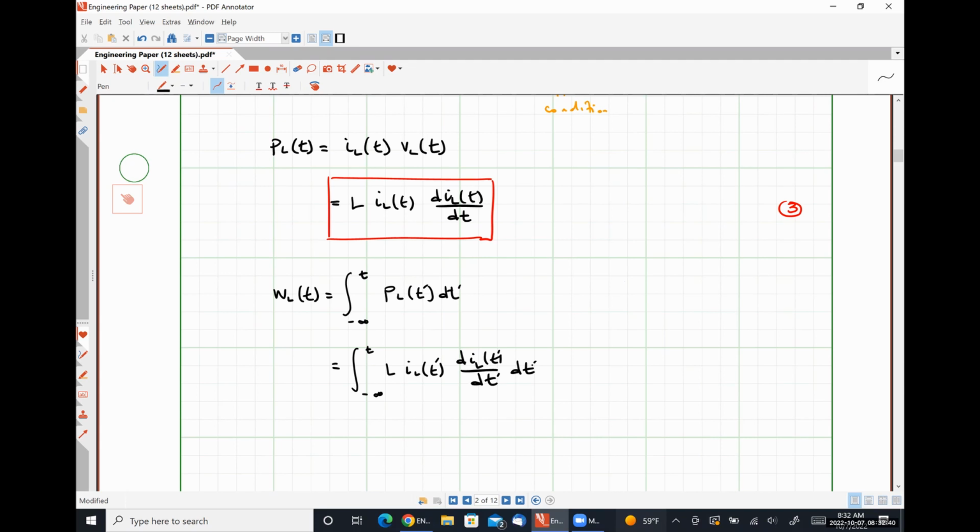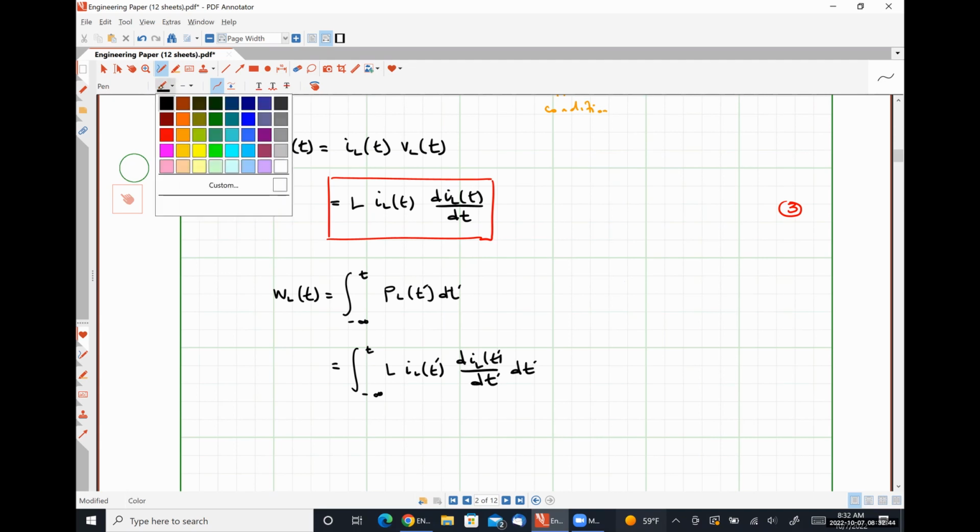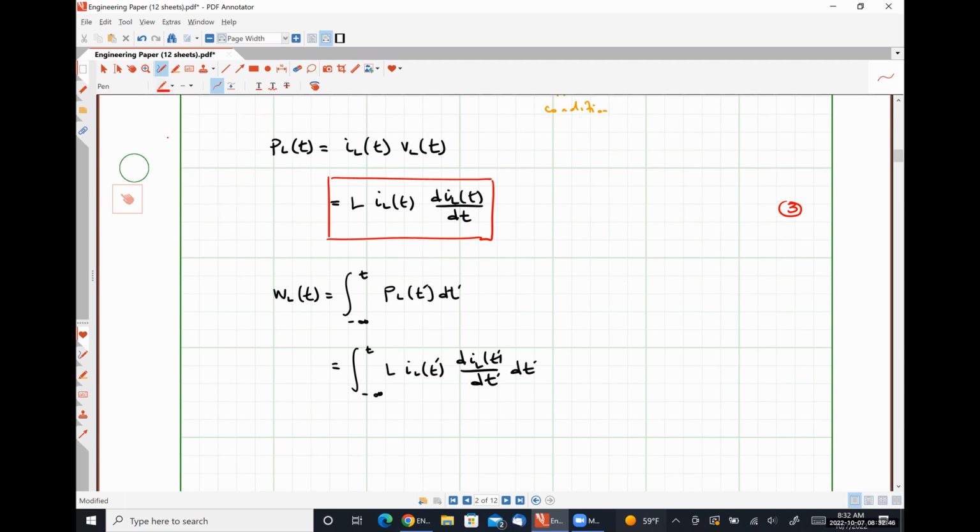So any mathematicians in this room would be pissed off at me doing this, but for our intents and purposes, this dt prime in the denominator is canceled by this dt prime in the numerator. And so now we have a function that's varying with current as opposed to time.